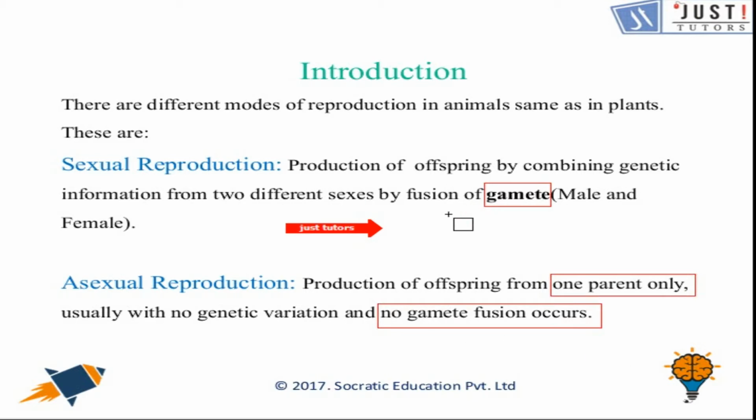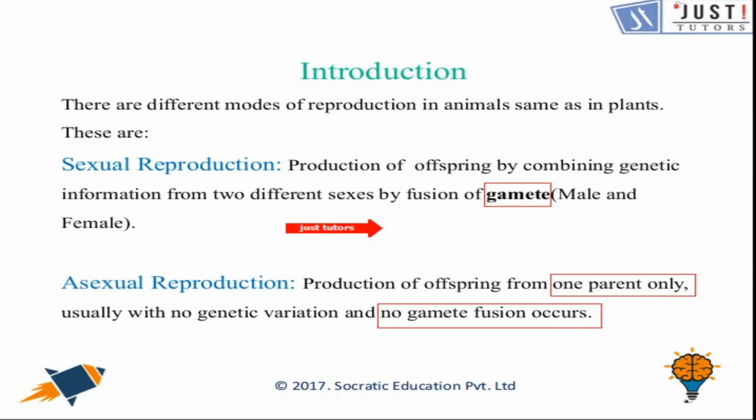So we have seen the difference between sexual and asexual reproduction. In our further lessons we will have various examples based on sexual and asexual reproduction, so you will have a clear idea of how sexual and asexual reproduction take place.